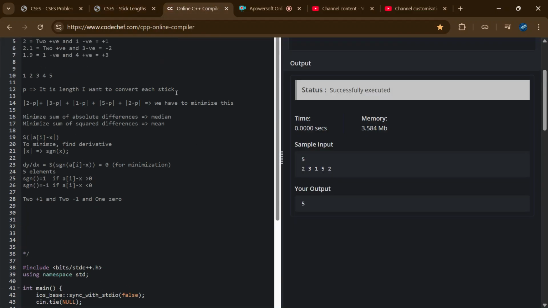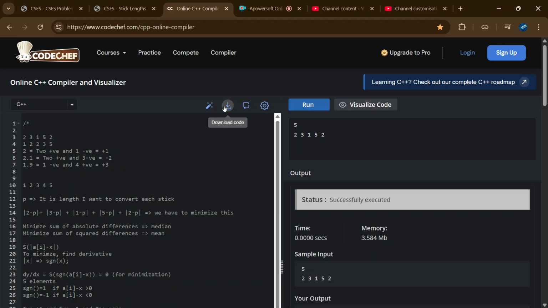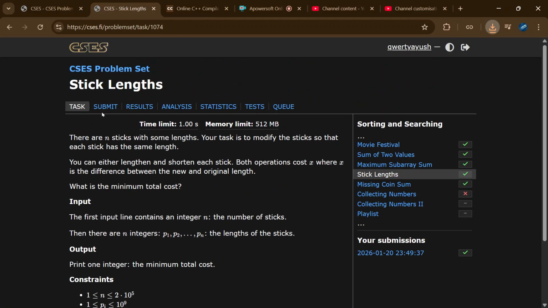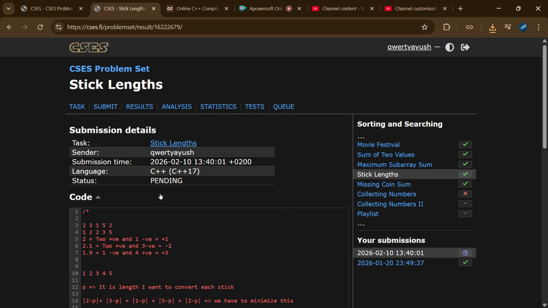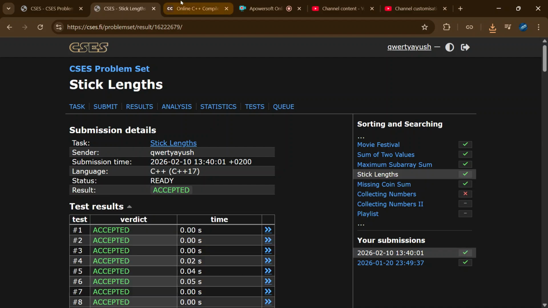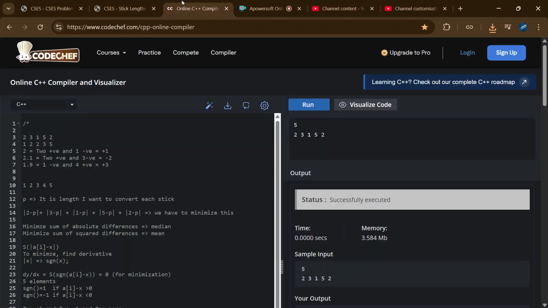Let me try to submit it and check it again. Yeah. Okay, so we have solved it.